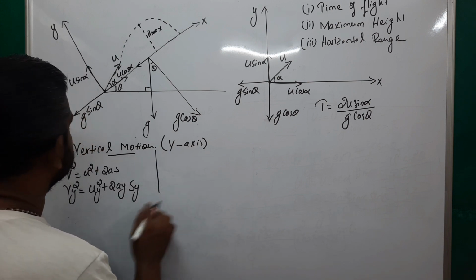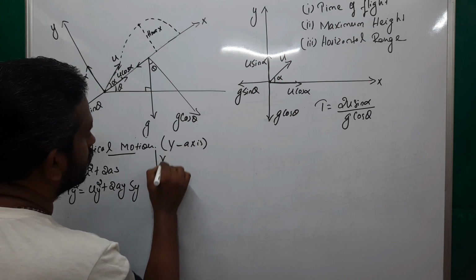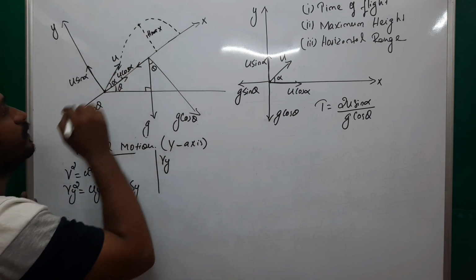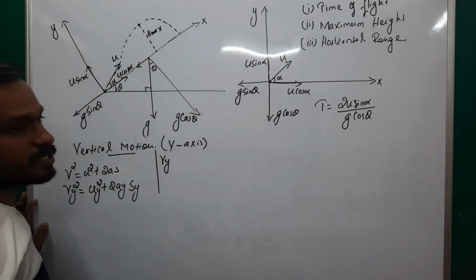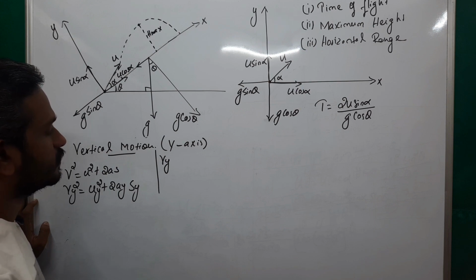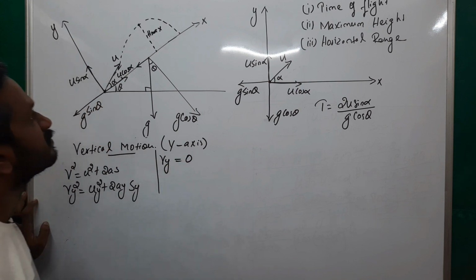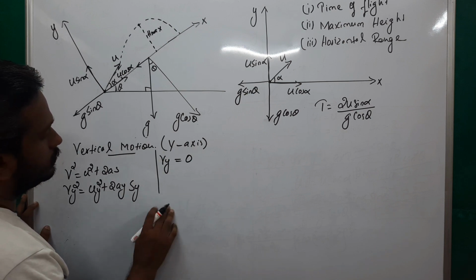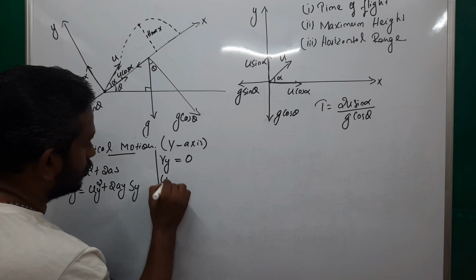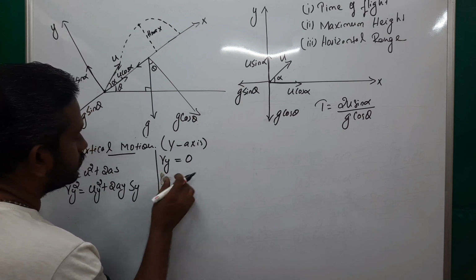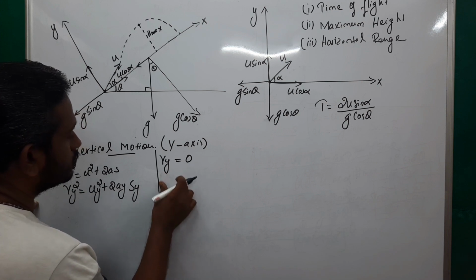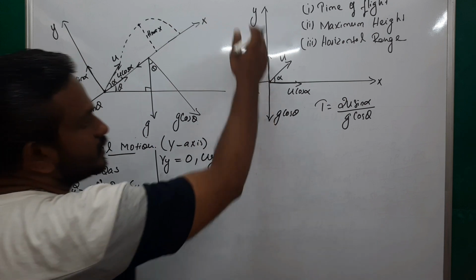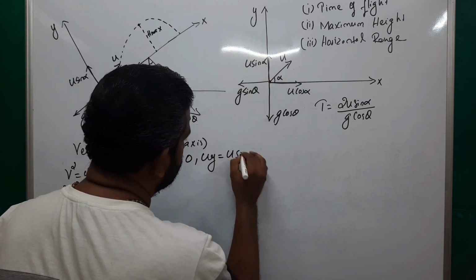So what is Vy? It is the final vertical velocity. When the projectile reaches this point, the final velocity Vy is equal to 0. Uy is the initial vertical velocity, that is u sin alpha.